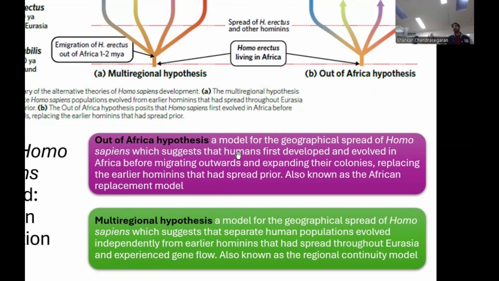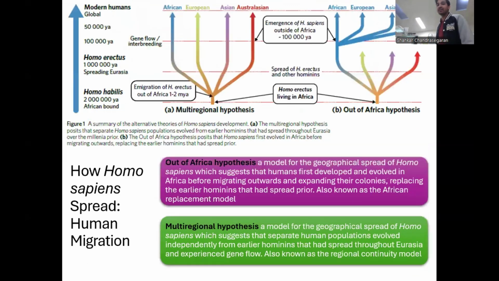So any Homo Neanderthals, any Homo erectus, any other different Homos all around the earth eventually got replaced by Homo sapiens after we migrated out of Africa. So that's the first one.